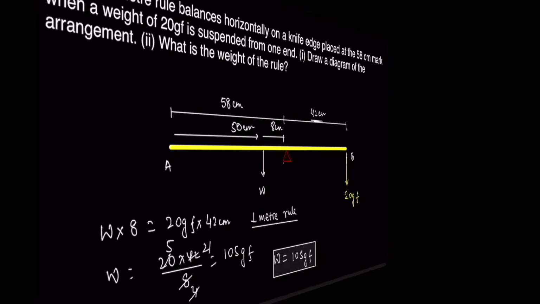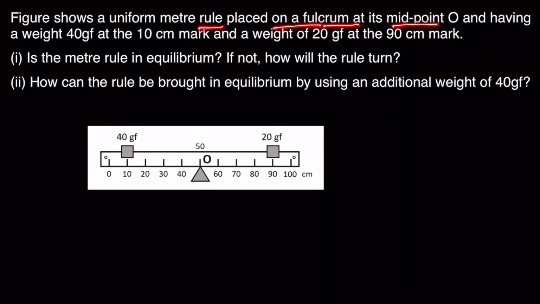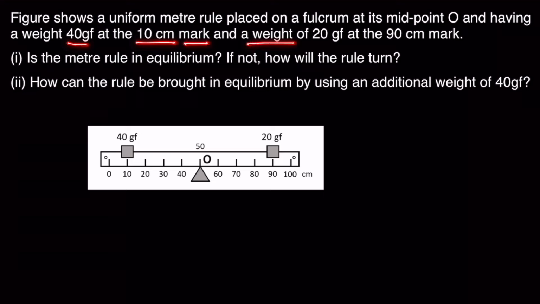This is the answer. In this question, the figure shows a uniform meter rod placed on a fulcrum at its midpoint O. Here is the midpoint O, this is the fulcrum, and it has a weight of 40 gf at the 10 centimeter mark and a weight of 20 gf at the 90 centimeter mark.